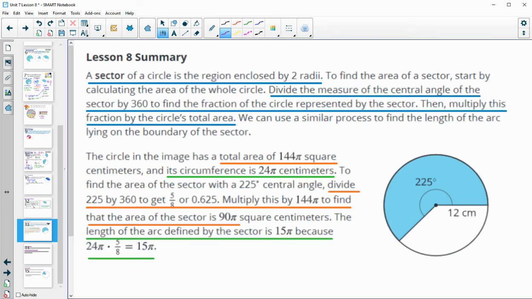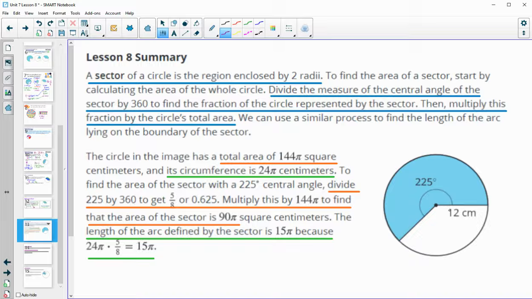So then here is the summary. A sector is just a region enclosed by 2 radii. You can divide the central angle by 360 to figure out what fraction of the circle is being represented. Then multiply this by the total area if you're looking for the sector area. So down here, you'll see I highlighted the area stuff in orange.